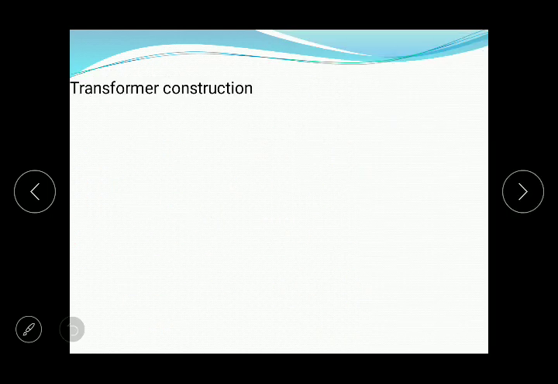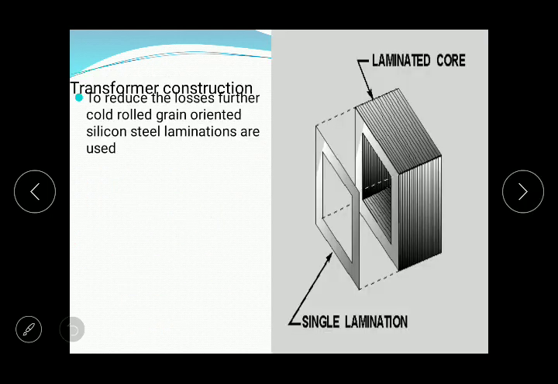And next one is, to reduce the losses further, CRGO, cold rolled grain oriented silicon steel laminations are used for reducing the hysteresis losses, and eddy current losses are reduced by lamination of this core.